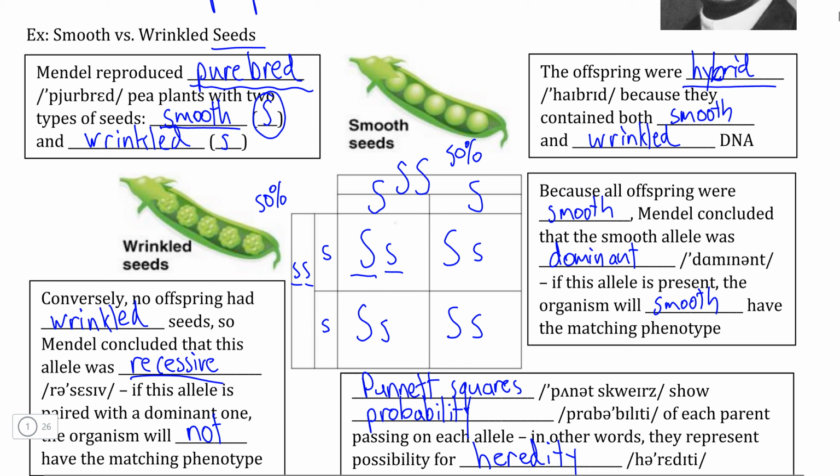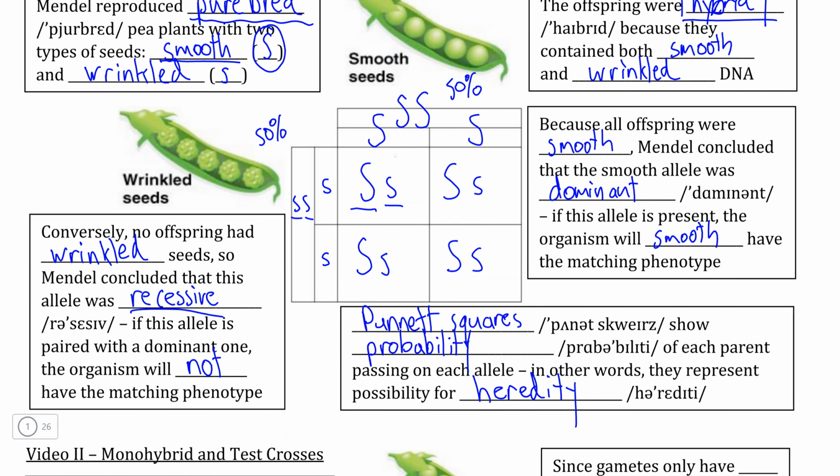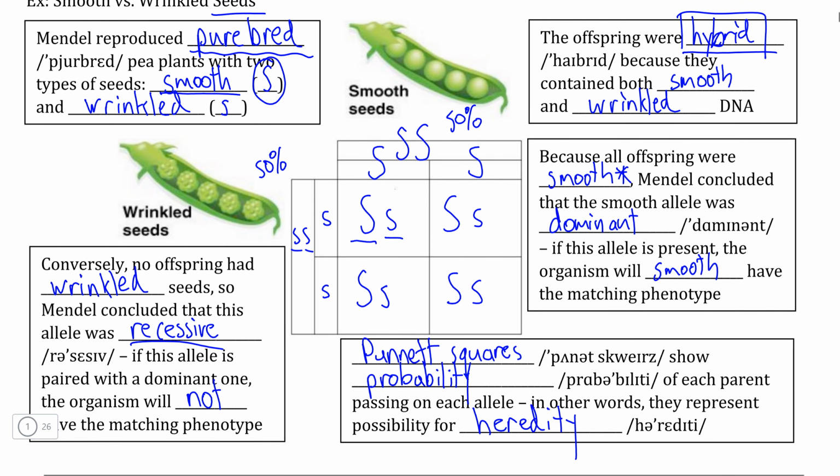This shows us that all of the zygotes that are produced are indeed hybrid because they contain a mixture of dominant and recessive alleles, but it also explains why Mendel saw only smooth-seeded pea plants, because if we establish that smooth overrides the wrinkled phenotype and every one of these zygotes would inherit the dominant allele, this explains why Mendel only saw smooth-seeded pea plants.